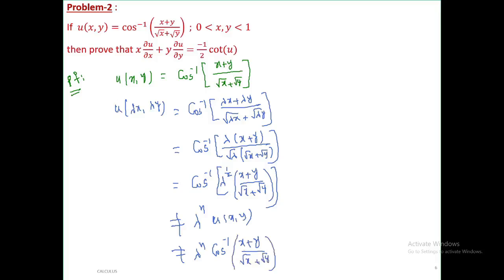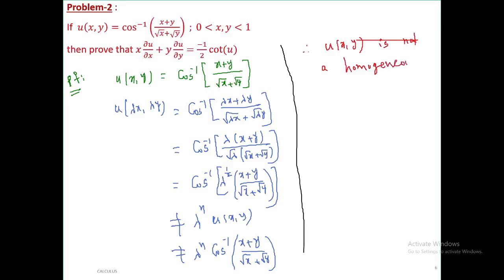So you are unable to express this entire function like this. Therefore it is not a homogeneous function. So u of x comma y is not a homogeneous function.